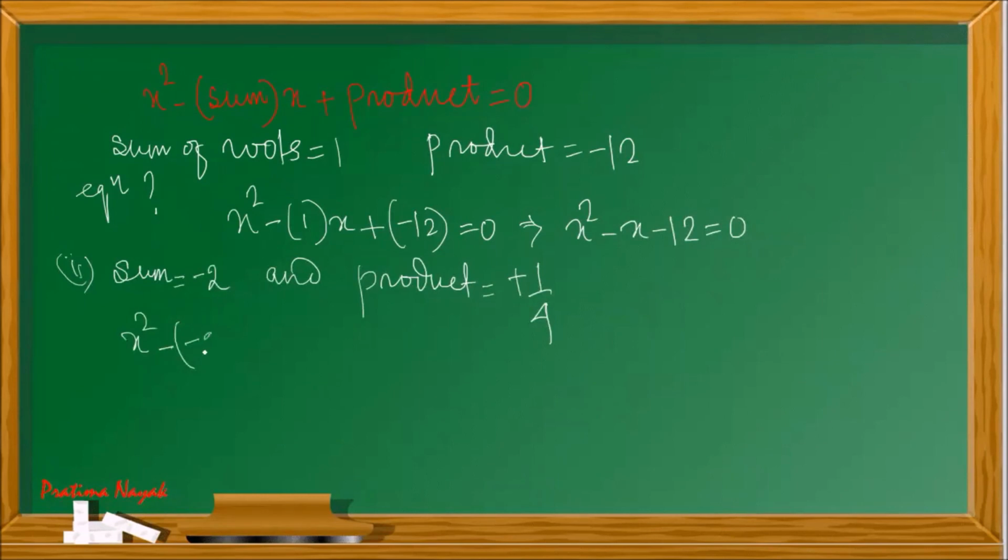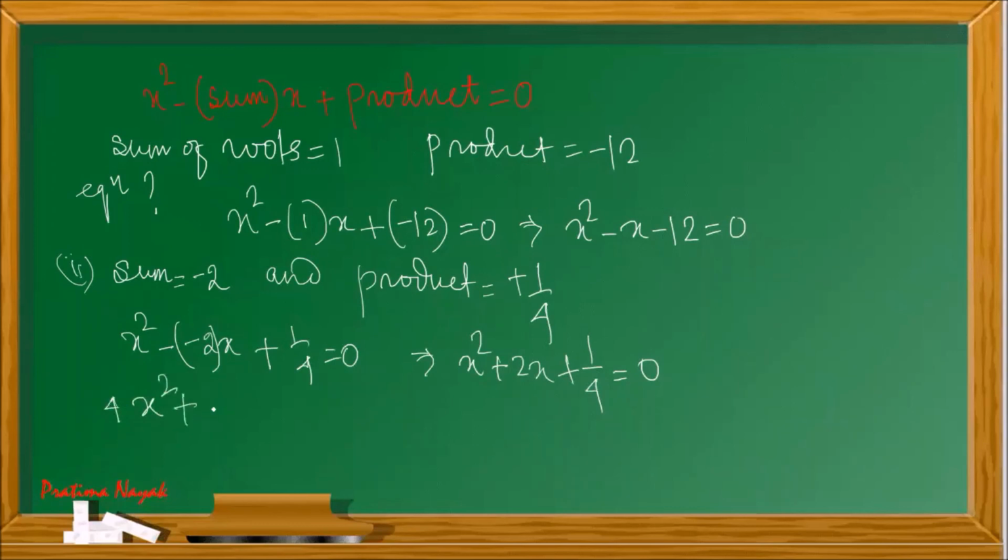Sum means I'll write here minus minus 2x, plus product 1 by 4 is 0. So the equation is x square plus 2x plus 1 by 4 is 0. But we don't write the equation in this form. That's why I particularly took this example. Here the 4 will be multiplied throughout. So 4x square plus 8x plus 1 is equal to 0. So this is the equation for the second case.